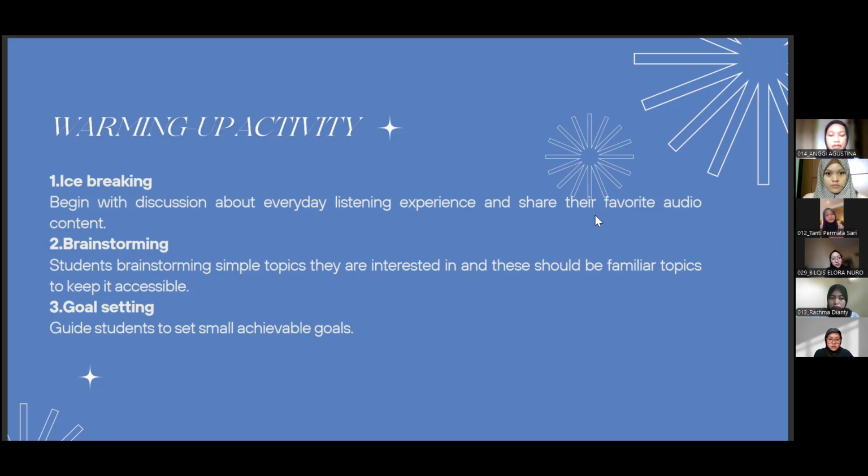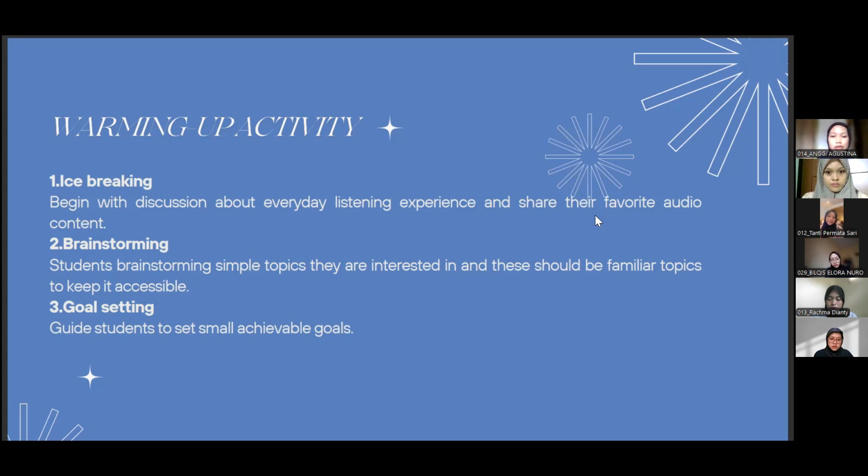Second is brainstorming. We can have students brainstorm simple topics that they are interested in, such as their hobbies, their favorite foods, or traveling. And this should be a familiar topic to keep it accessible for all the students in the classroom. And the last one is goal setting.